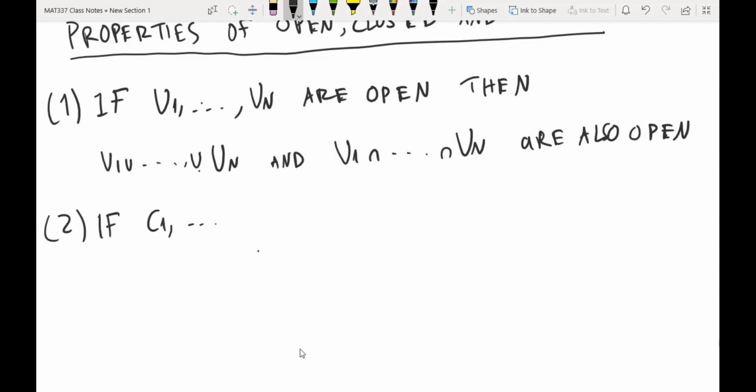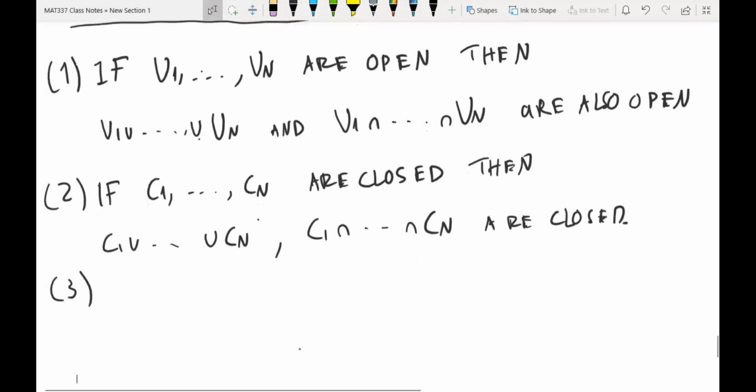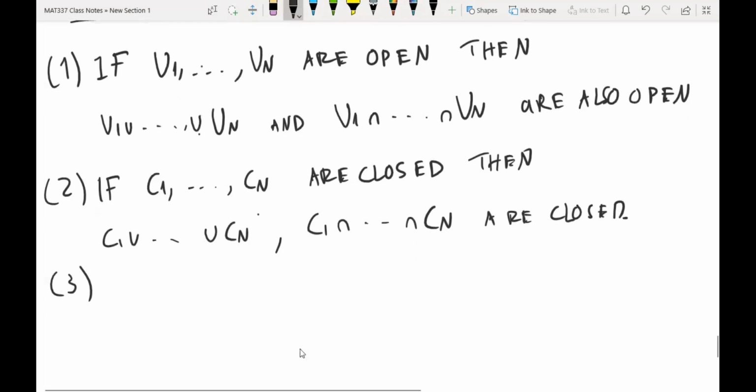If C1 to Cn are closed, then the same is true. So that means they're closed under finite unions and intersections.